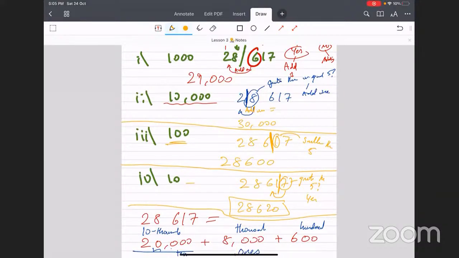Okay, let's go further. Rounding decimal places.